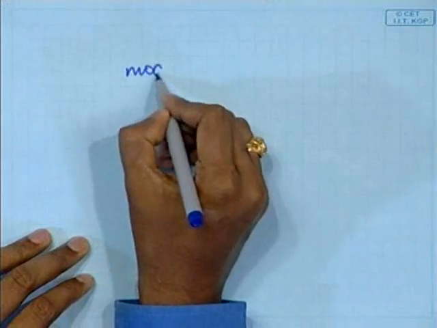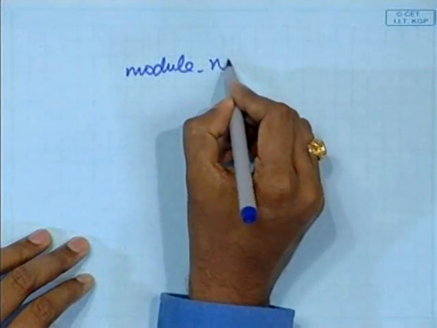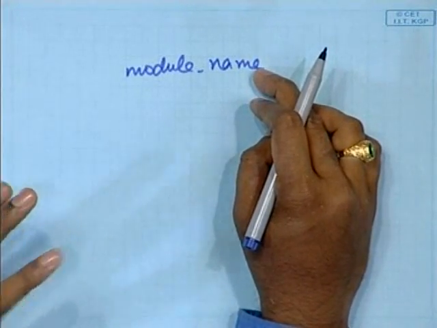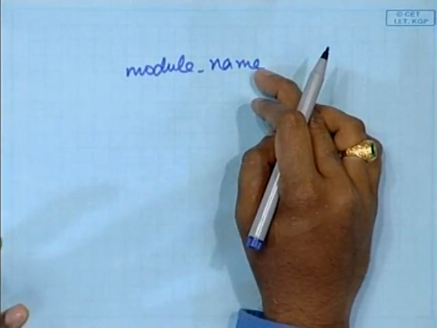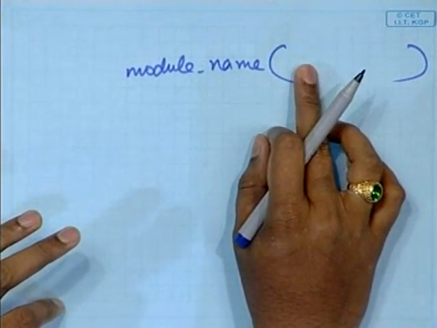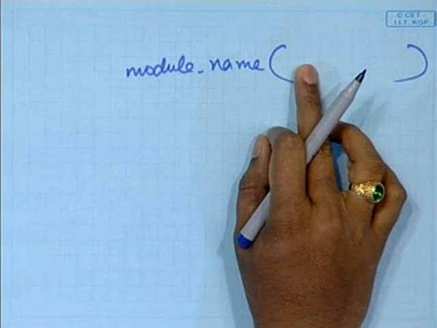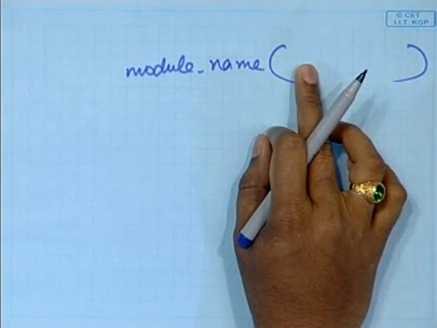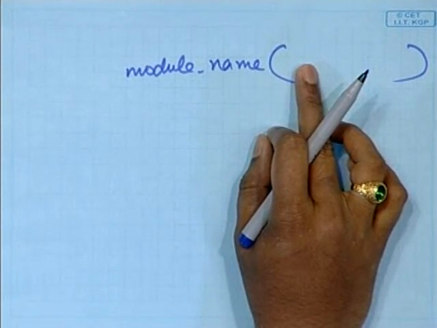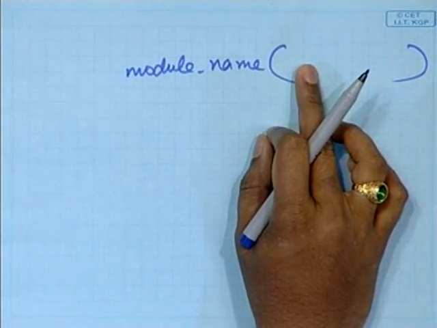Then you have to declare your ports inside the brackets, input ports, output ports and inout ports. Suppose you have a flip flop: D, Q, reset, clock are the ports. So you declare D, clock, reset, and maybe Q or Q bar, like that.